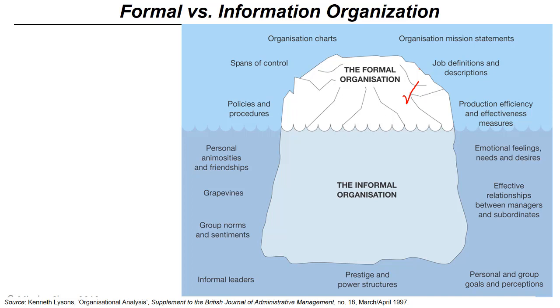For instance, there may be some informal leader because they have the expertise. They may not have the formal authority or the power. Also, the emotional feelings, needs, and desires may not show in the formal organizational chart. What you may see in the formal chart could be the span of control. You can certainly add policy and procedures to it.